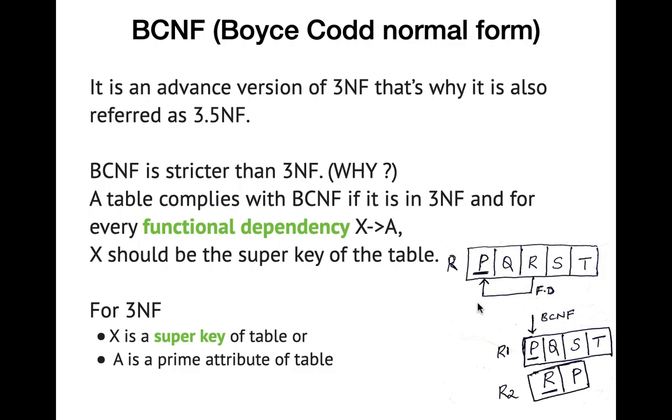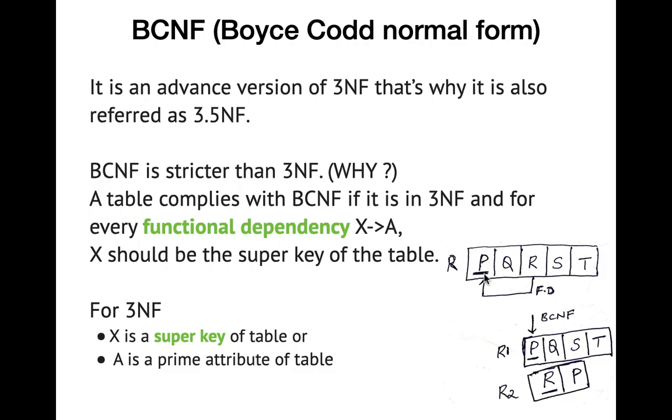This table satisfies 3NF, because R gives P does not violate 3NF: R is not the super key, but P is a prime attribute. An attribute is a prime attribute if it is part of the candidate key. P is a key, so P is a prime attribute. So the RHS of this functional dependency is a prime attribute, and this table is in 3NF.